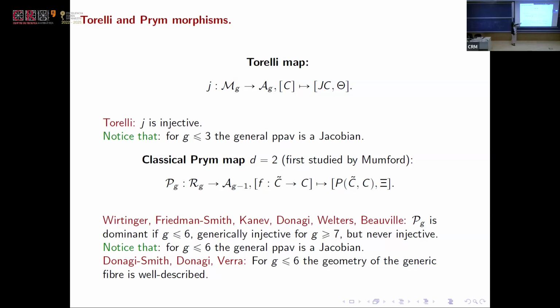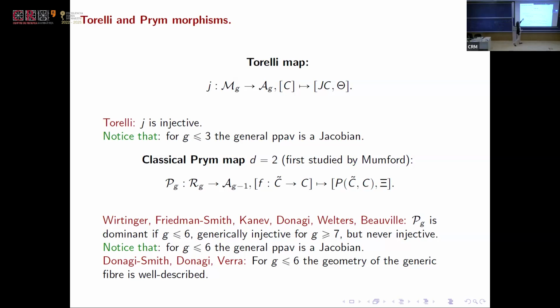Plenty of authors study this map, trying to characterize whether it is injective, and it is known that it is not injective, but it is generically injective when it is dominant and so on. Also for genus g up to 6, the dimension of this is bigger than the dimension of that, so we will have positive dimensional fibers, and other authors try to characterize geometric properties of these fibers.